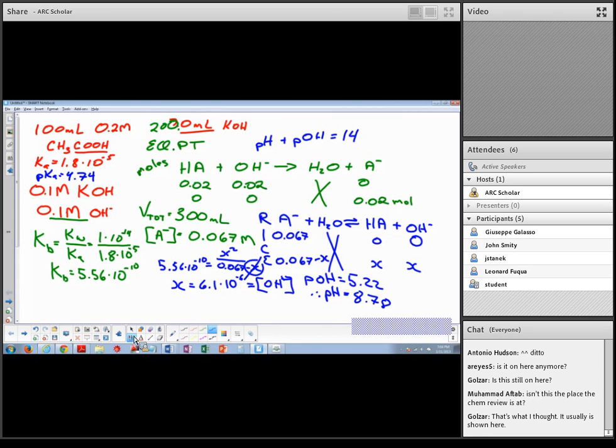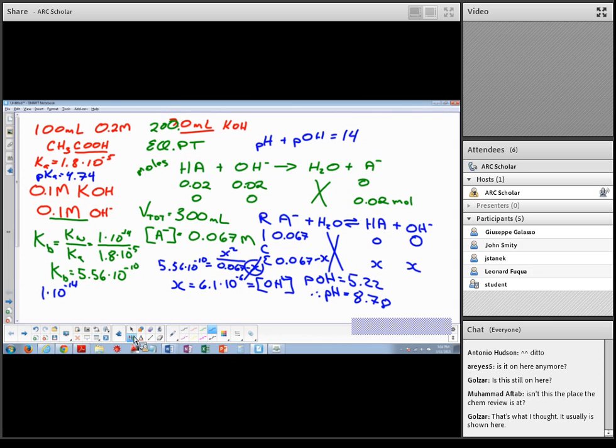Since our concentration of OH was like 10 to the negative 6, would we have to put in the concentration of OH due to the water? It's a good question. Would water change it just slightly? Let's see. Well, if we were to say, Kw, right? 1 times 10 to the minus 14.